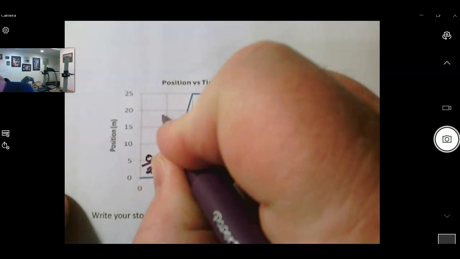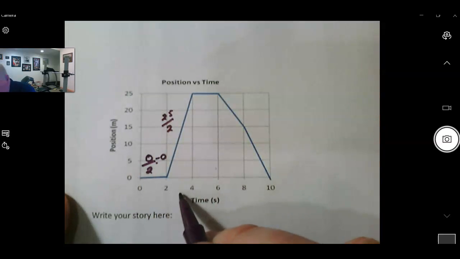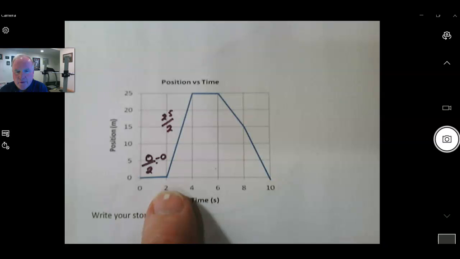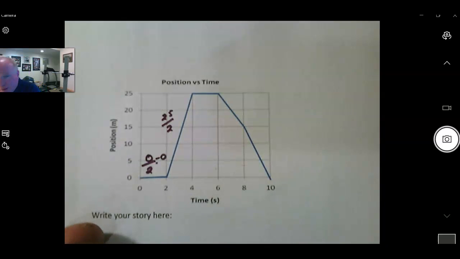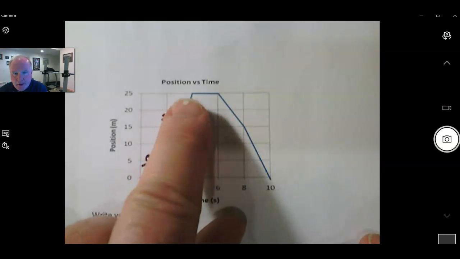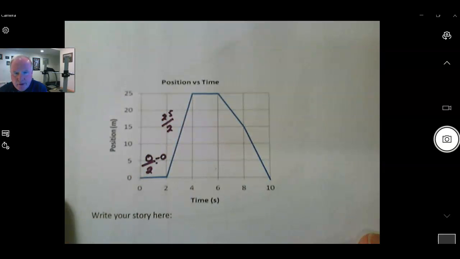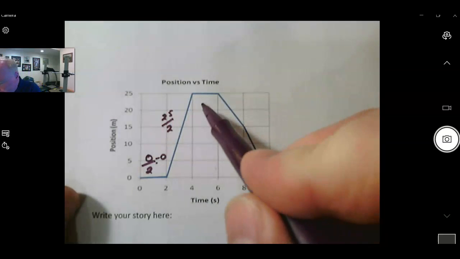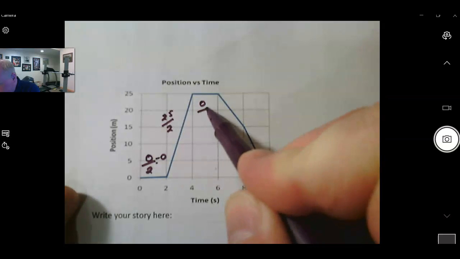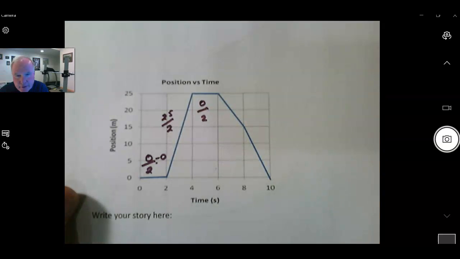So for this segment, 25 is our rise over 2 is our run, right? Because from 2 to 4, that's only 2 seconds. So we'll get 12 and a half there. The third segment right here, we have a rise again of 0, right? Because between 4 and 6, we have no rise. And so again, it's 0 over 2, or 0 again.